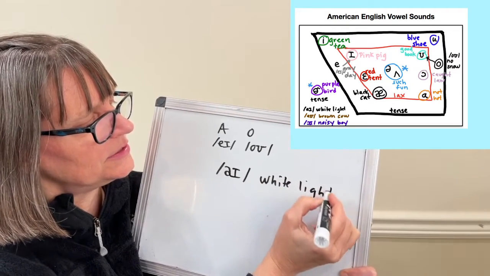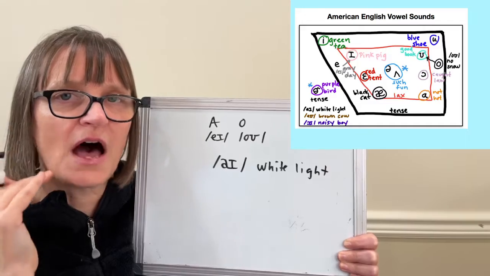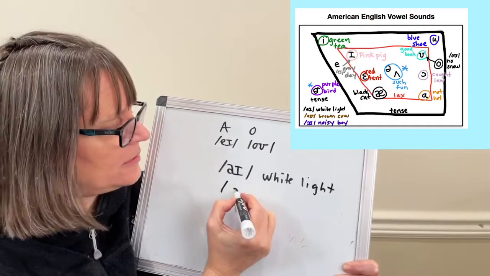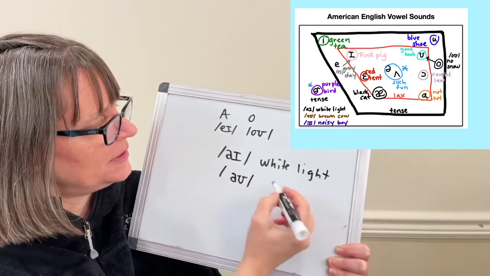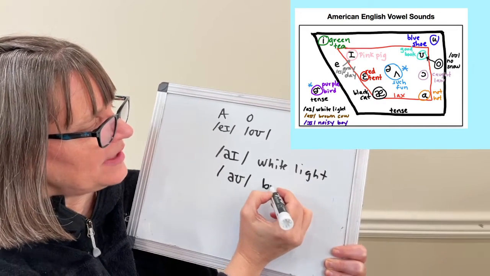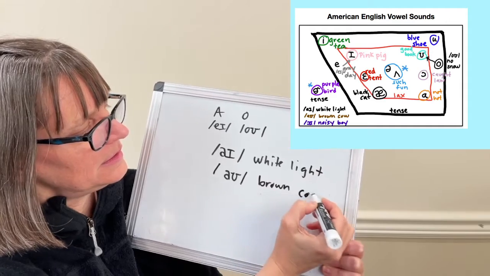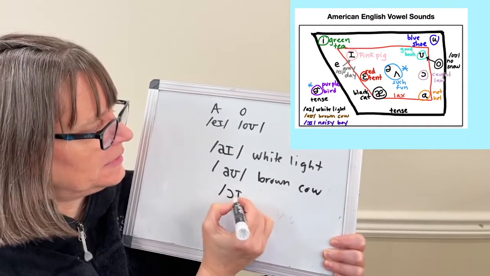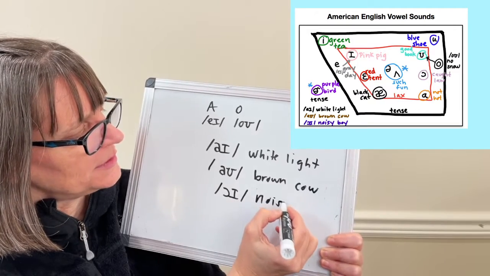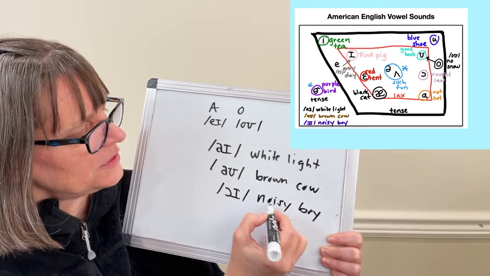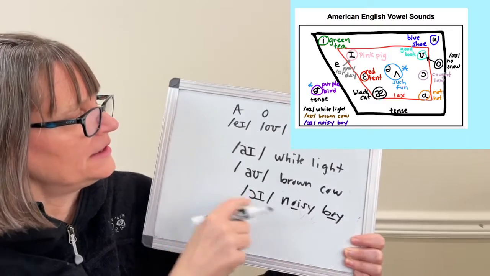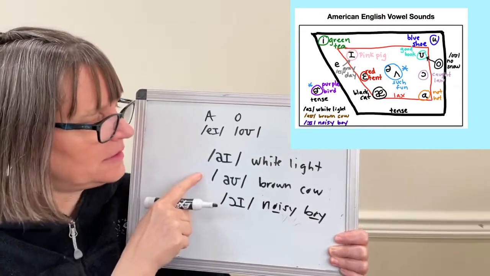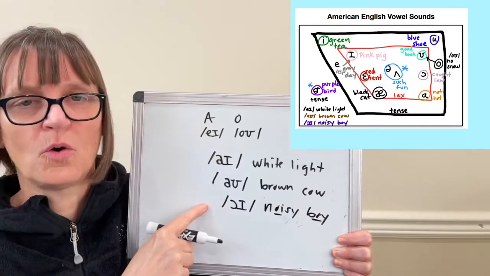It starts more open and then closes, I. And then we have the ow, also starts more open. I use brown cow for this one. And then we also have oi. I use noisy boy for this one. So spelled with OI or OY, different spellings. We have the I, the ow, and the oi.